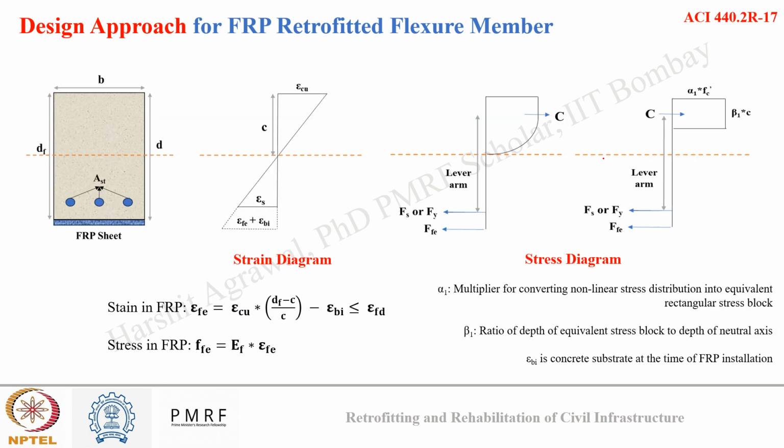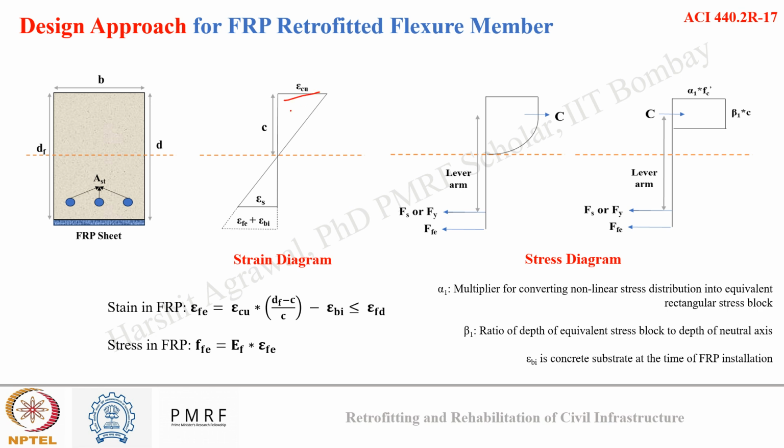So, as we saw earlier, when we talked about FRP strengthening for flexure, when there is a beam having FRP retrofitting, the strain diagram of the beam gets an additional component of FRP as well as the stress component. Okay. So in the strain diagram, there are two basic strain bearing elements.